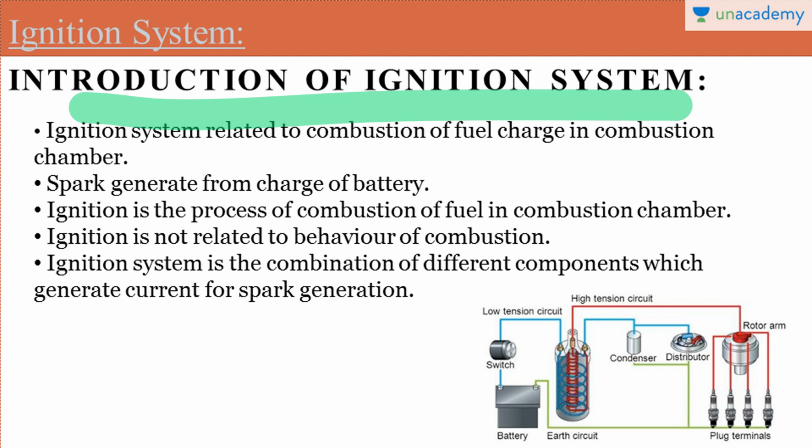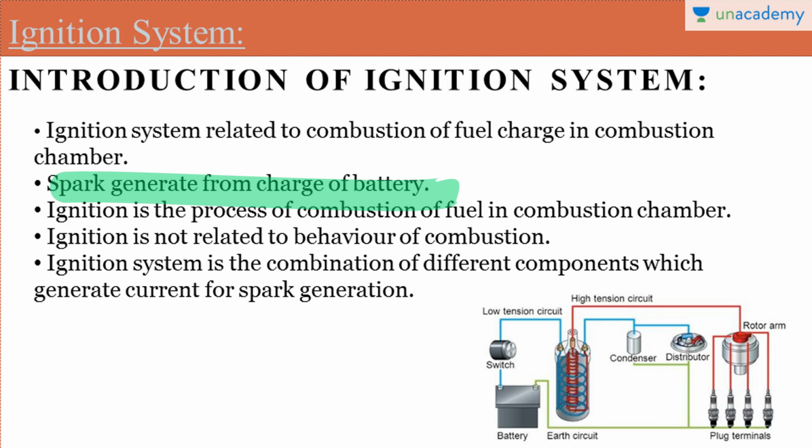So the general answer is, in a spark ignition engine, the spark is generated because of the charge of the battery. The battery is the main source of electricity, and the spark is generated because of the charge of the battery. And there is a battery installed in the engine.